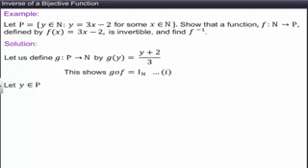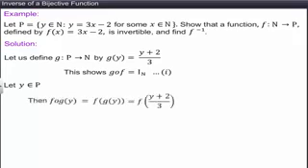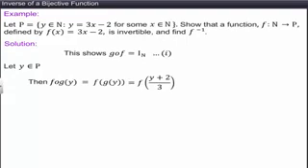Next, let us consider any arbitrary element, y, from set P. Then, f circle g of y is equal to f of g of y, which is further equal to f of y plus 2 whole divided by 3.